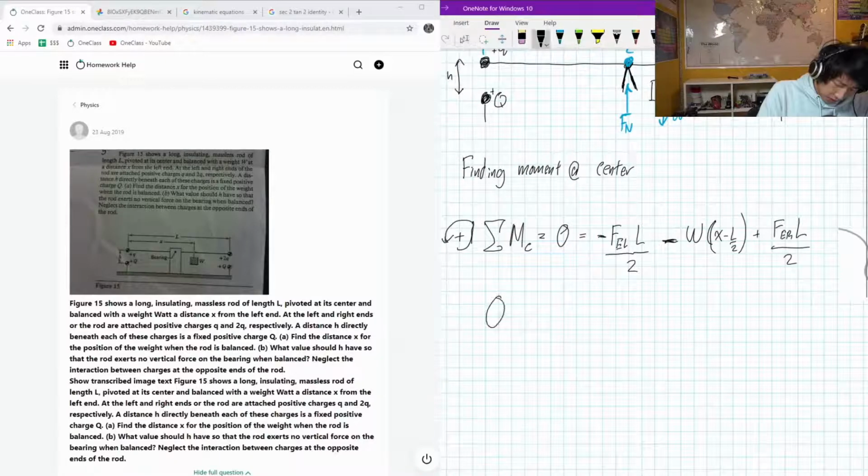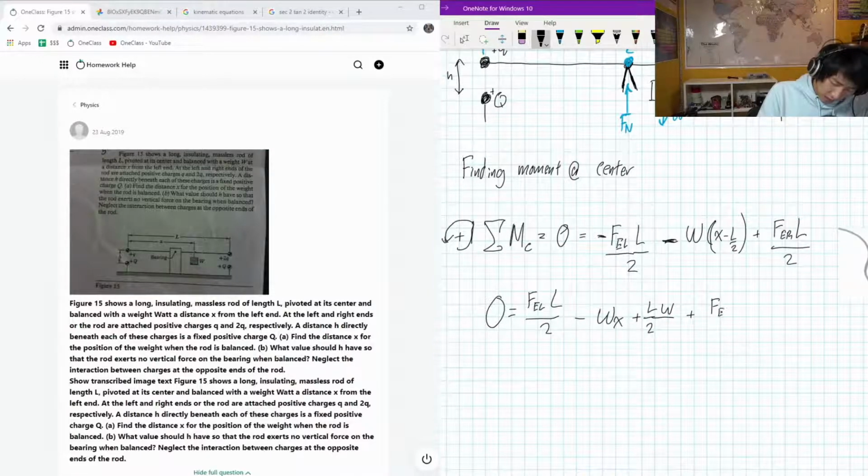Okay, so here we're still going to have 0 is equal to FEL times L over 2 minus WX plus L over 2 W plus FER L over 2.